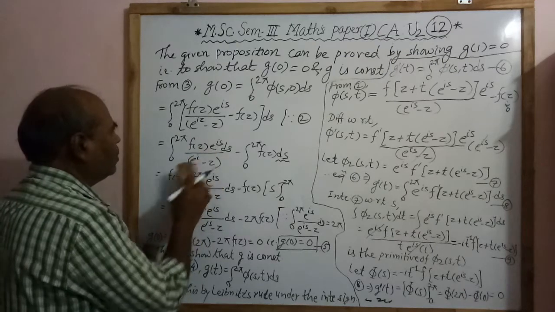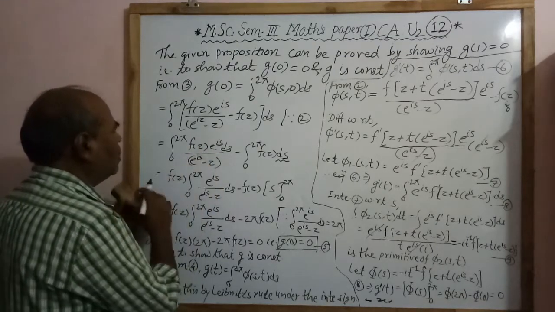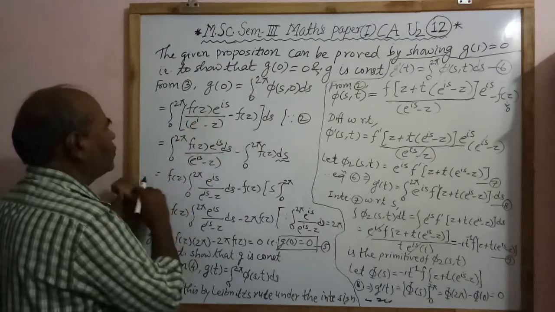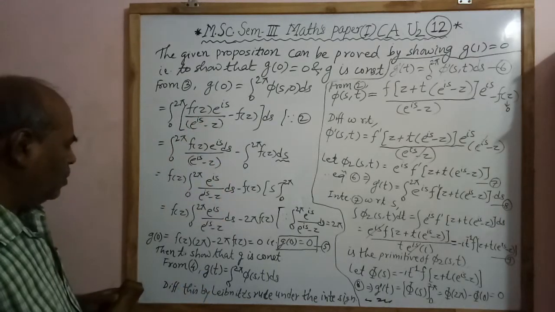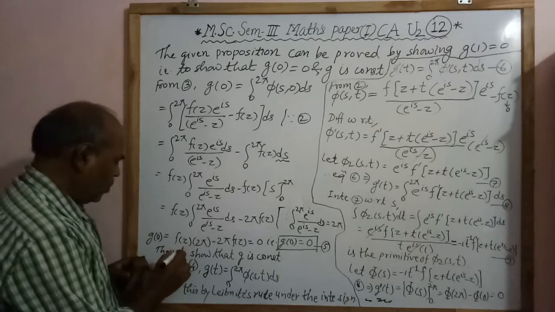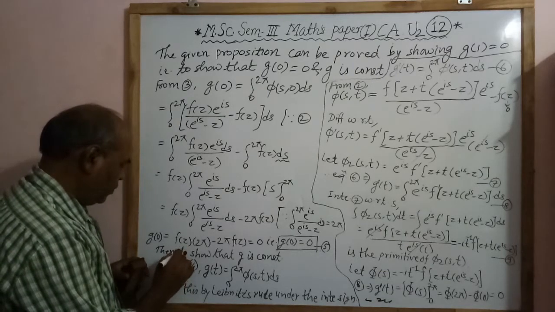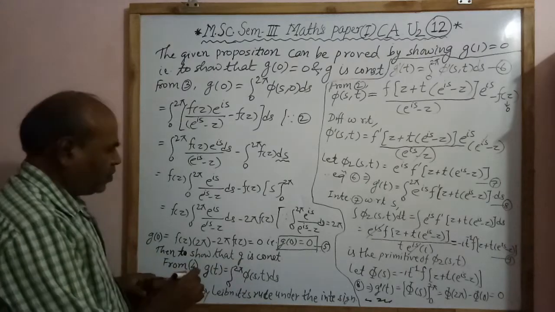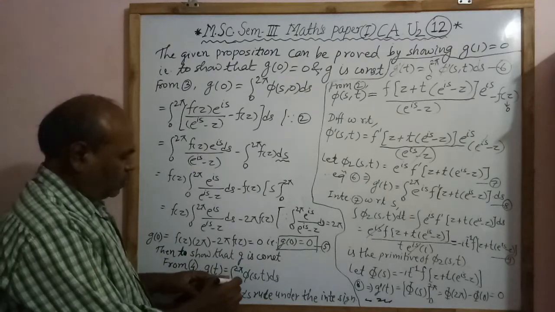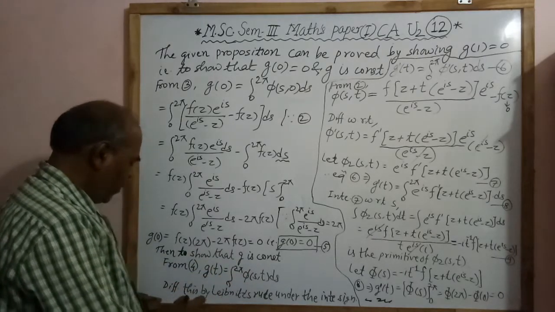So I will write e to the power is, e to the power is minus z. Then to show that g is a constant, from equation 4 we write g of t equal to the integral from 0 to twice pi of phi of st ds.